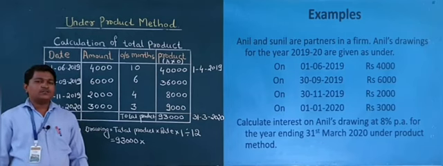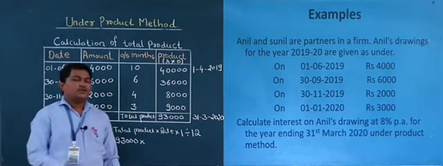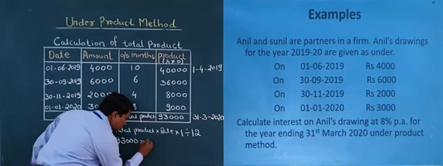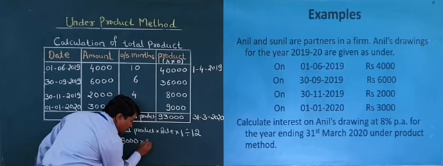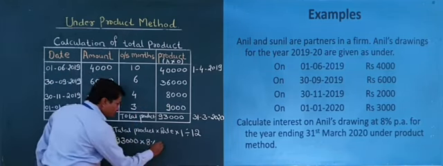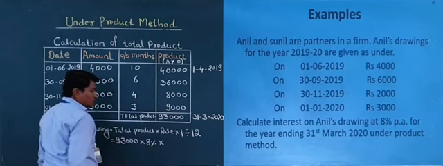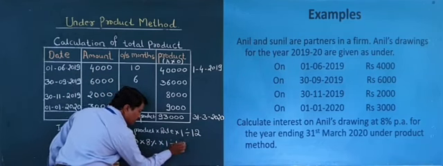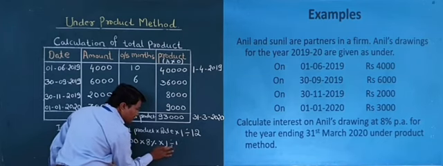What is the meaning of 8%? 8% means 8 divided by 100. So here I go for 8%, then into 1 divided by 12.